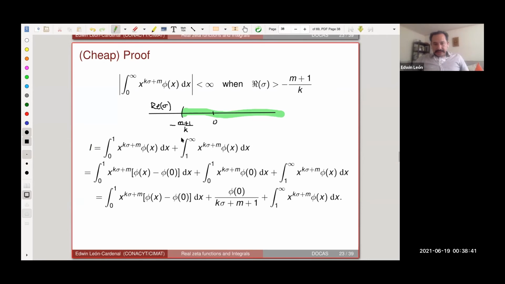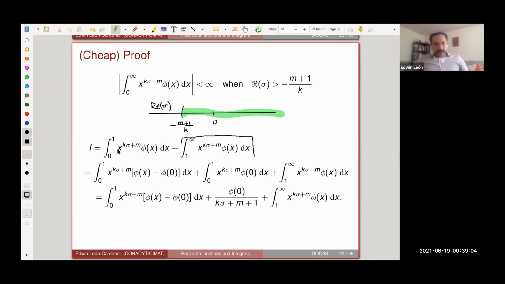This part has no problems, because we can use the same argument to say that this integration is happening on a compact set, so there are no possible problems for the convergence of this integral.